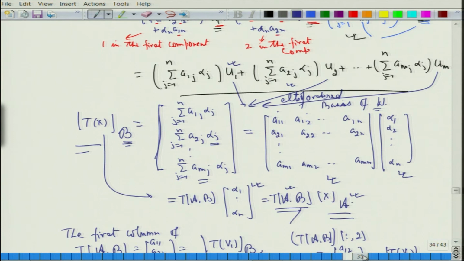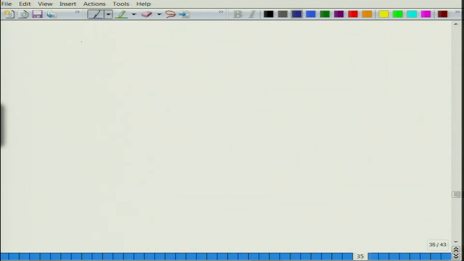So in a nutshell, what I am trying to say is that there is a notion of what is called T of AB.